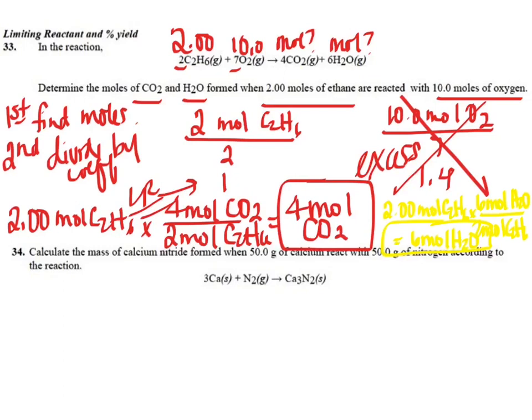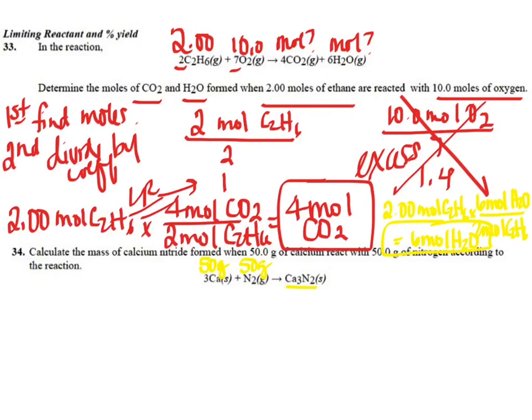Okay, let's do it this time with grams. So here is our reaction, and we have 50 grams. It wants to know, calculate the mass of calcium nitride formed when 50 grams of calcium react with 50 grams of nitrogen.